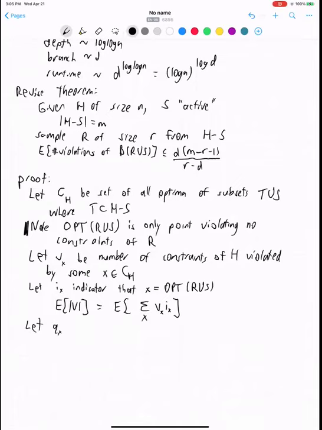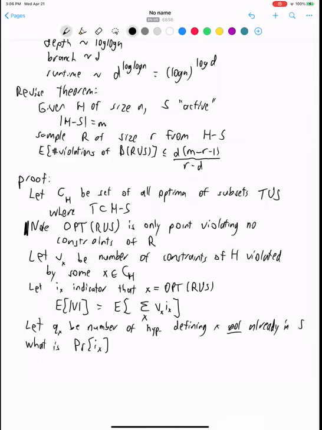Let's let Q sub x be the number of hyperplanes defining x that are not already in S. Given that Q sub x, I can talk about what is the probability that I choose X as my optimum.